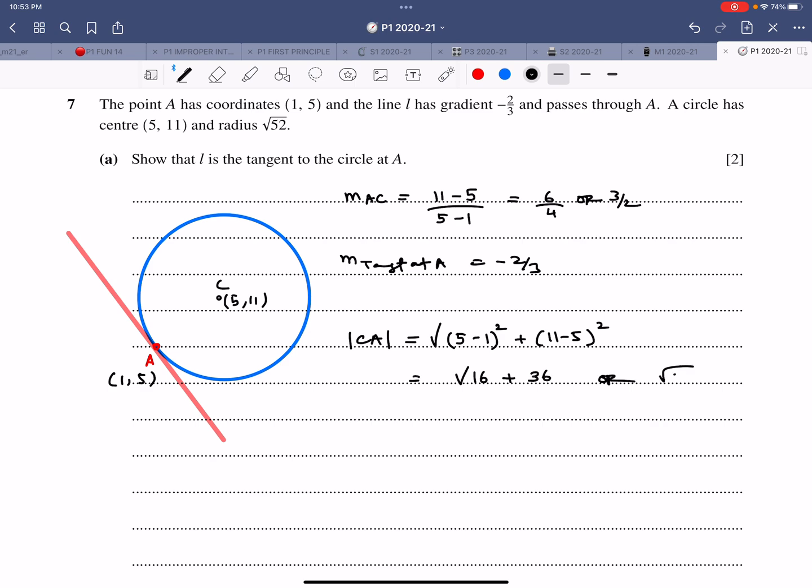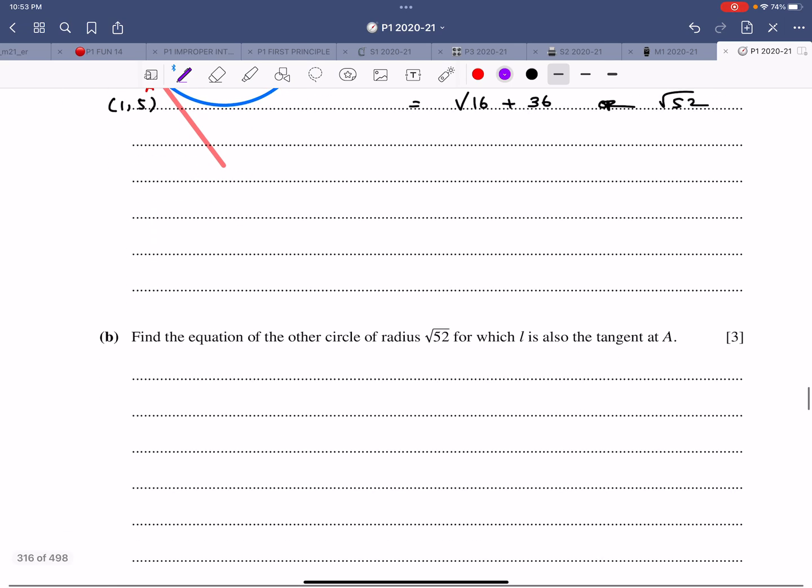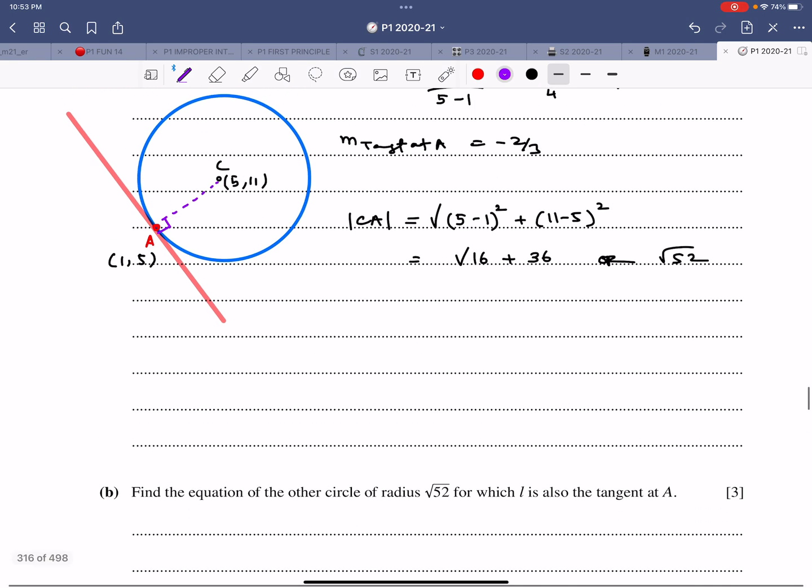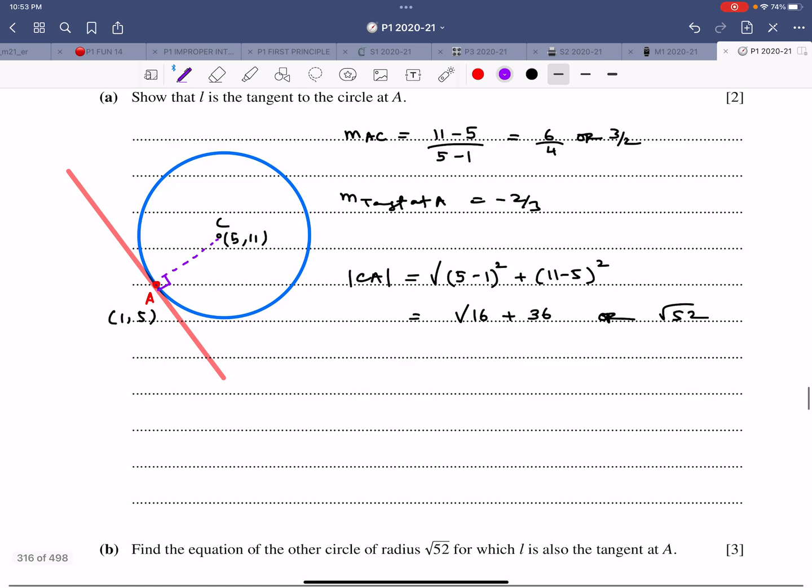So that further consolidates the fact that this is the radius and the gradients are perpendicular, because the radius is perpendicular to the tangent at the point of contact. So that is the concept used over here. Very simple question. Find the equation of the other circle of radius root 52 for which L is also a tangent at A. Now this is a good question.